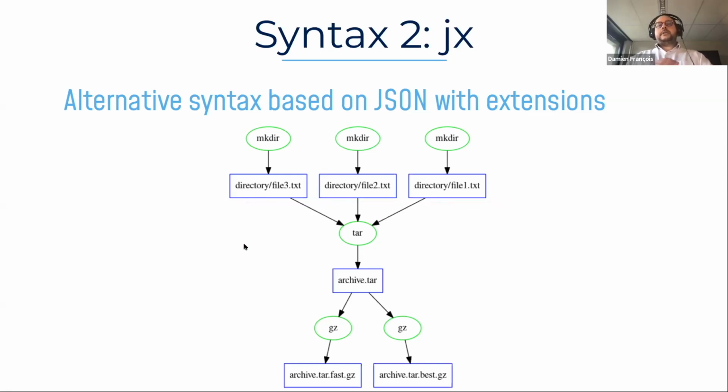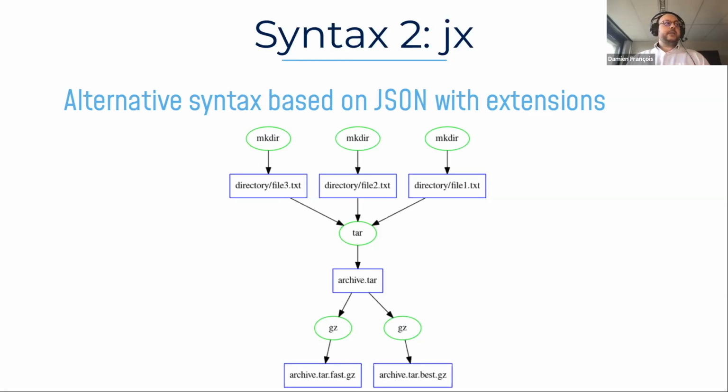Okay, so this was to show you that even though Makeflow was designed to cope with makefiles, if at some point a makefile is not sufficient because the workflow is so complex that you need a software tool to generate it, rather than trying to generate a makefile, you can generate a JSON file, which is much more convenient given the fact that virtually all languages have a JSON library.